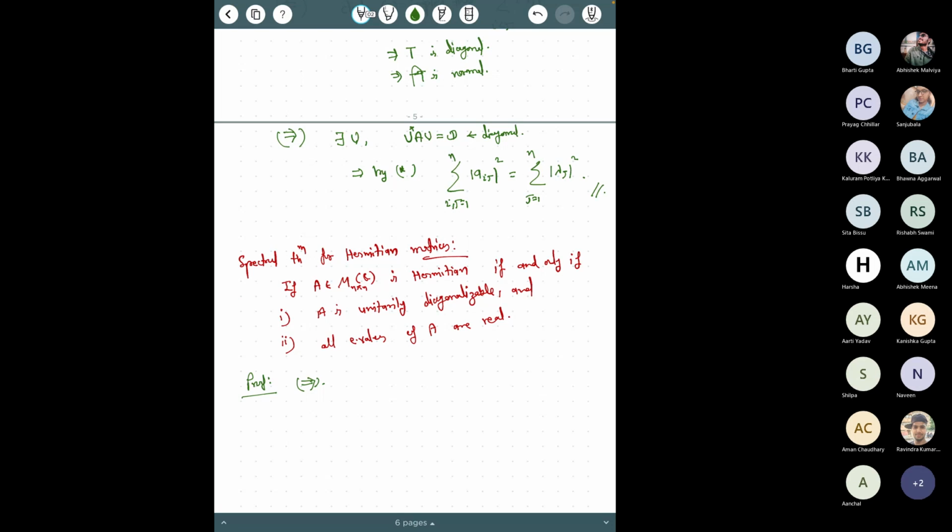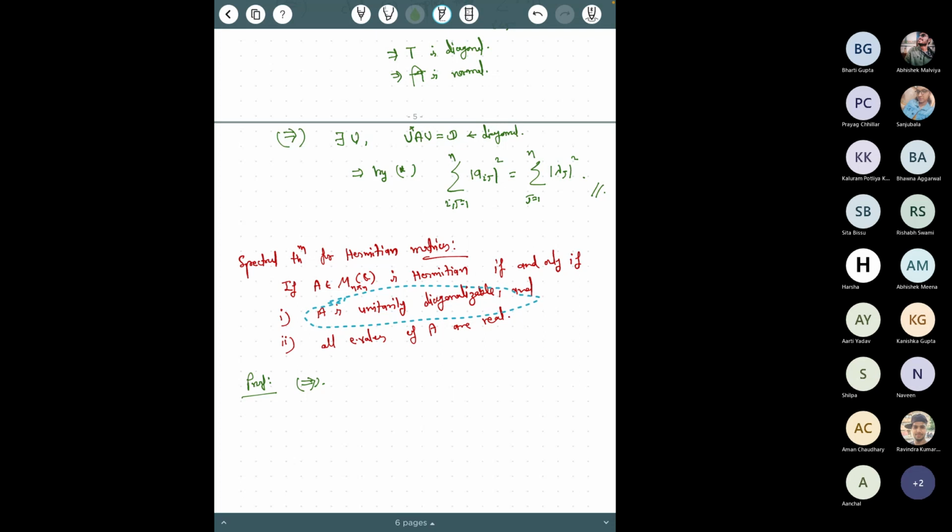How to show that? Let me give you the hint and you can complete the proof. A Hermitian matrix is normal, and because of that we have this.